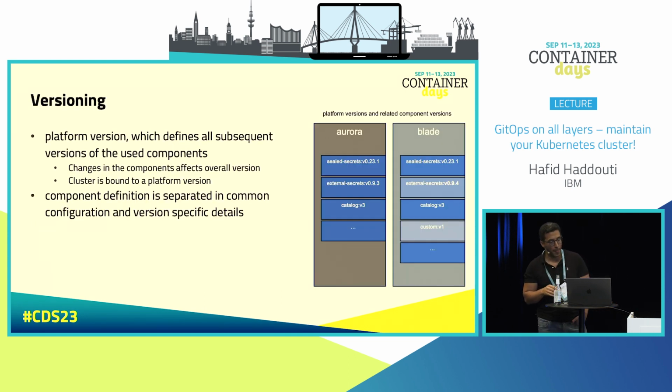Regarding versioning, the motivation here is that we have one single source of truth defining the cluster configuration. This includes any kind of components and capabilities that you want to specify and install on a Kubernetes cluster, also with the related version. So let's name these sets, the capabilities and the corresponding versions, a platform version.